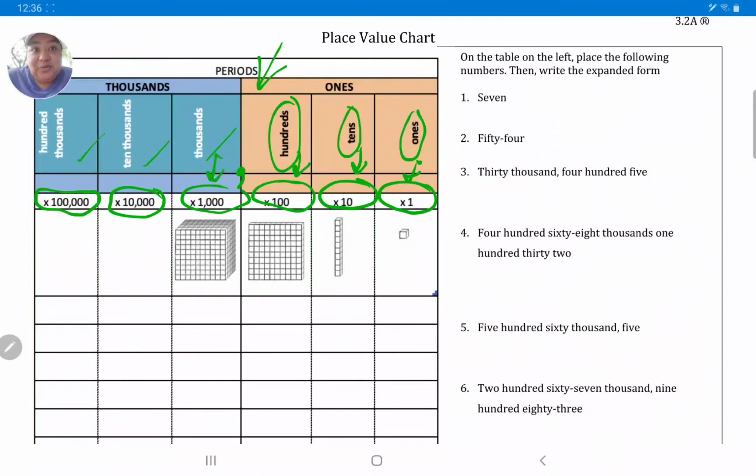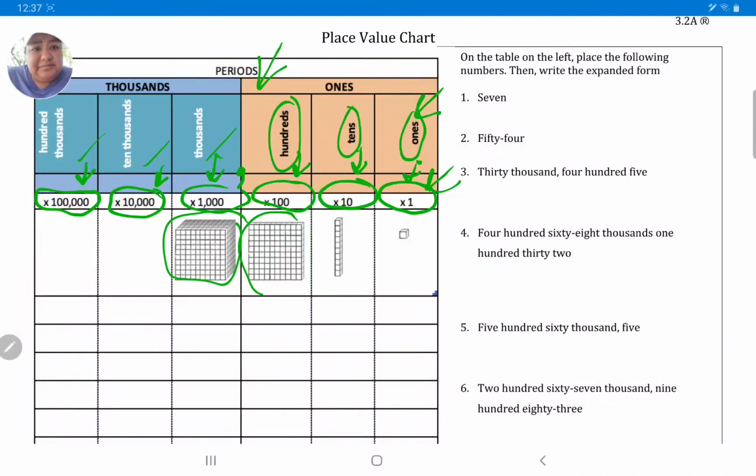So 1,000 is worth 1,000. And 10,000, 10,000, 100,000, 100,000. Guys, it's basically just the value of each of those values. So you'll be able to see it with numbers. So you see it in words and you see it in numbers. Okay, that's what we're doing today.